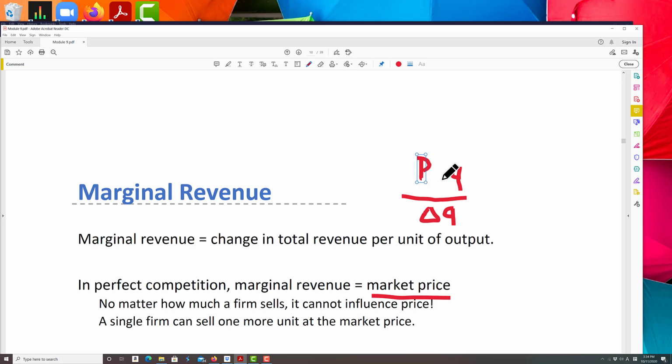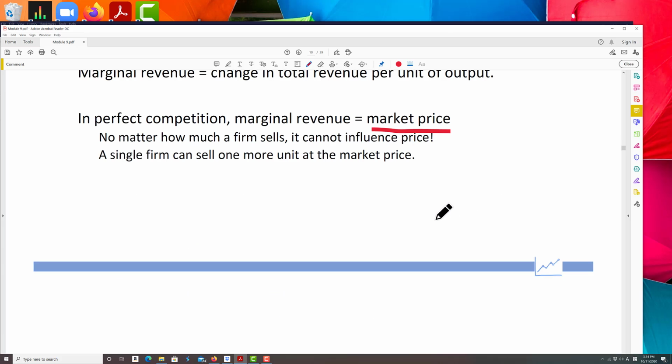Now, price in a competitive market is fixed, it's given. So change in revenue is simply price times change in output. So these two cancel each other, and marginal revenue is simply price. And price does not change, it's fixed.